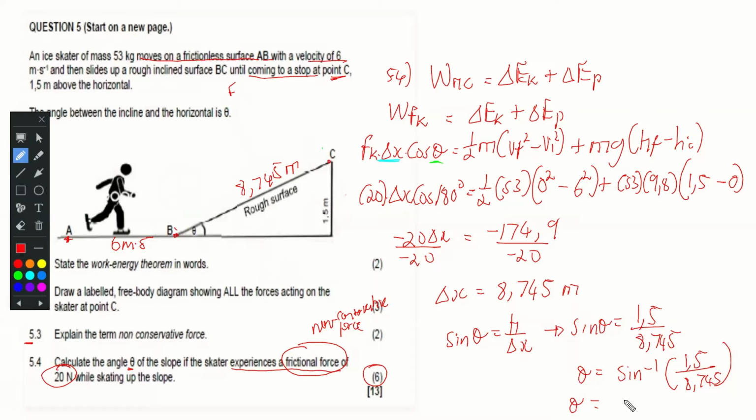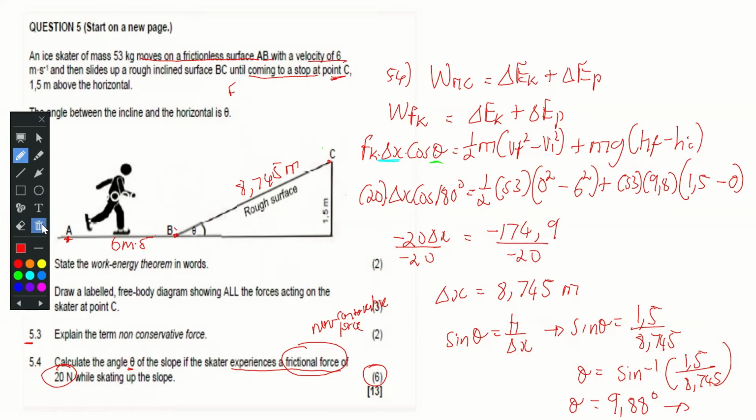You get your theta as 9.88 degrees, rounded off to 2 decimal places. And then that's just how you were supposed to tackle that 6-mark question there. So yes, very nice, very demure.